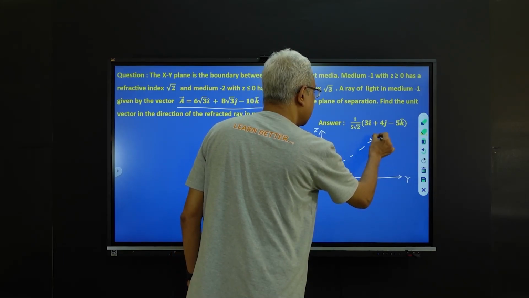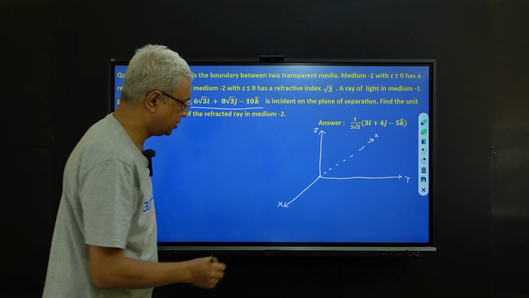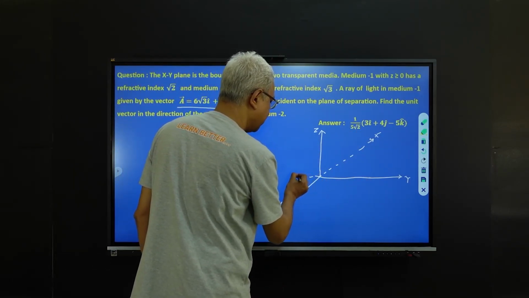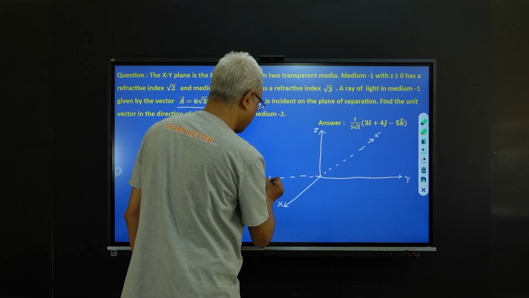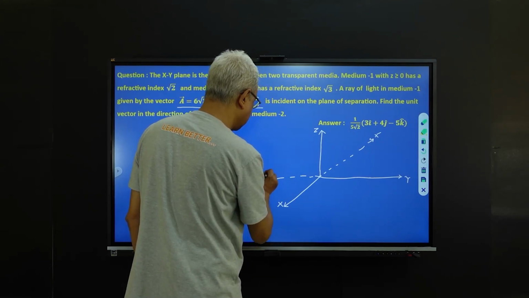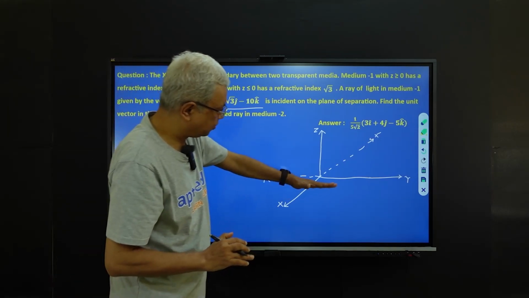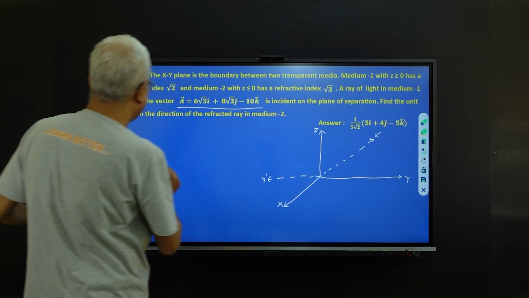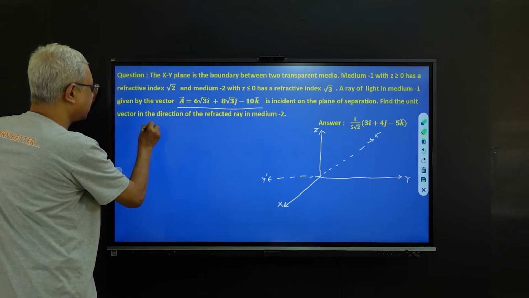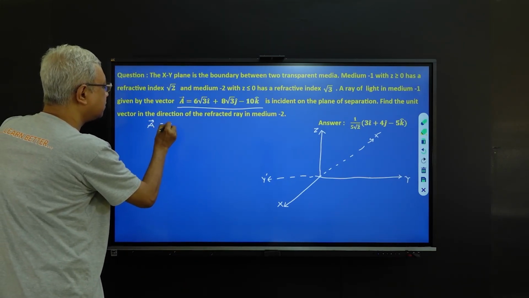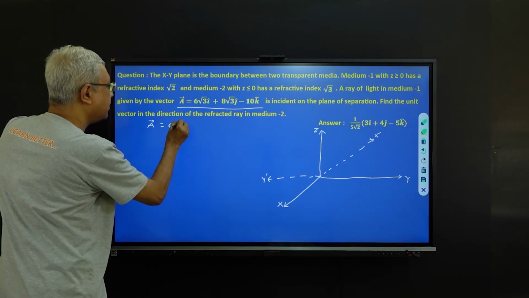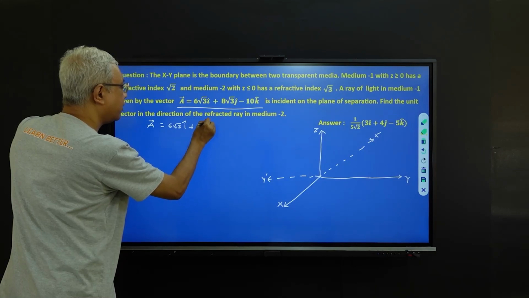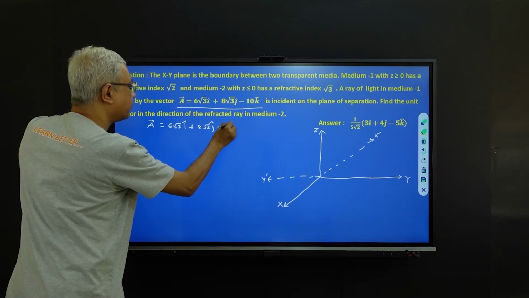So, this is the negative x-axis you can say, and this is the negative y-axis. So this plane is the xy plane. Now you see the vector, the incident ray vector is actually 6√3 i cap plus 8√3 j cap minus 10 k cap.